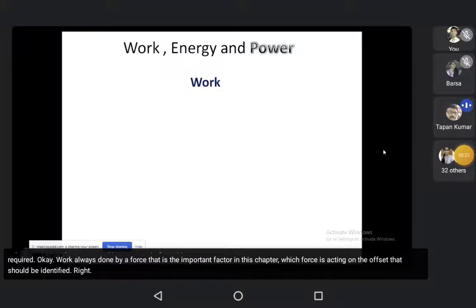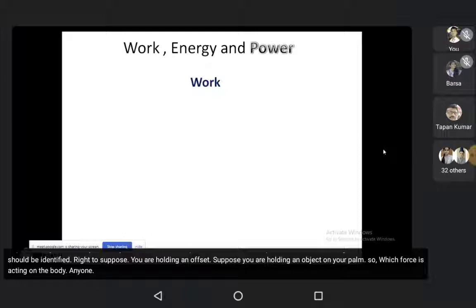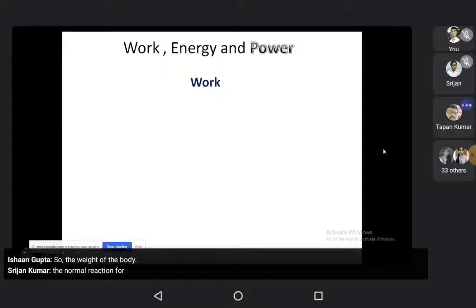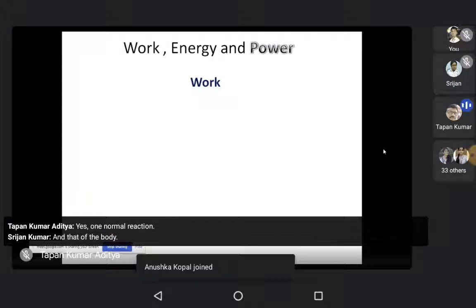So suppose you are holding an object on your palm. Which force is acting on the body? The normal reaction force, and the weight of the body.